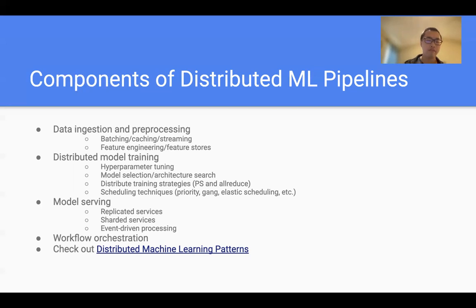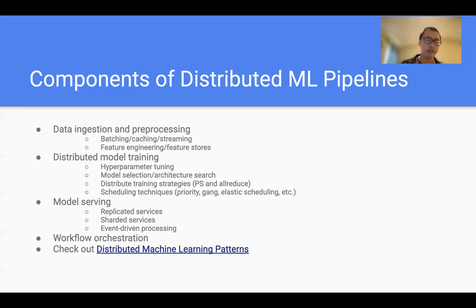And next is the model serving component. You may want to replicate your model serving services. If you have a large number of model serving requests, you can shard your services into different shards to handle very large model serving requests. And there's also event-driven processing as well.